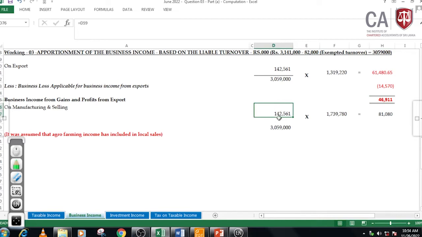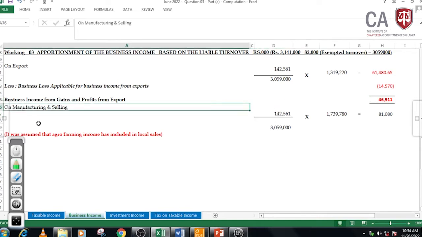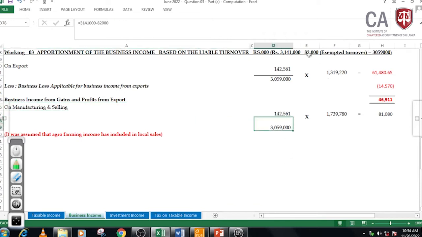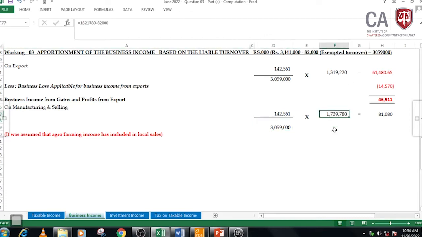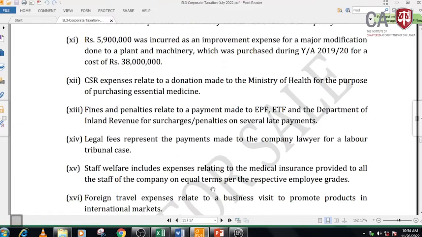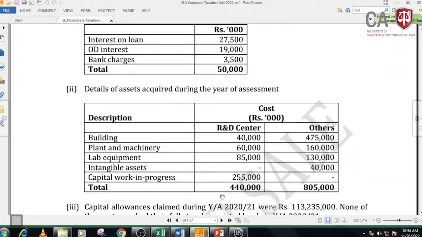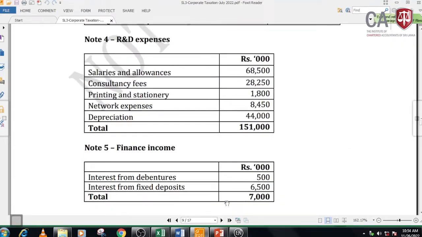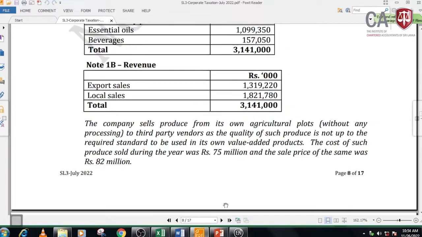Then the next one, business income divided, which we have computed in total. To take the manufacturing and selling part, the total turnover as we have done here is 3,059,000, and now here it's different. What's the difference? From the local sale I need to minus 82, because in the question it has given even the breakup with the exempted revenue.